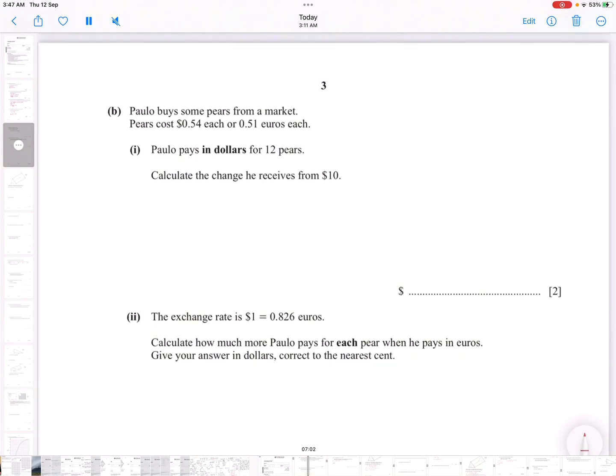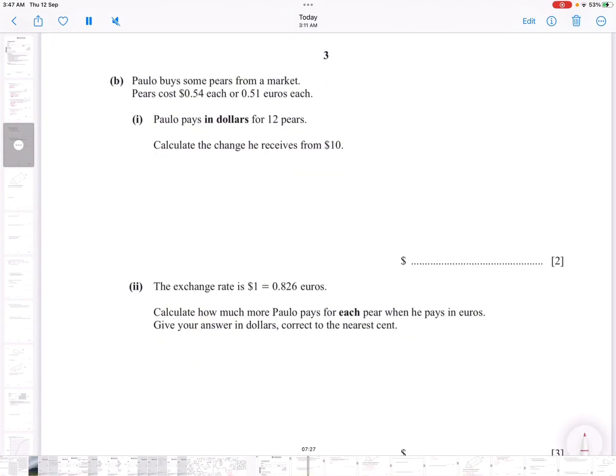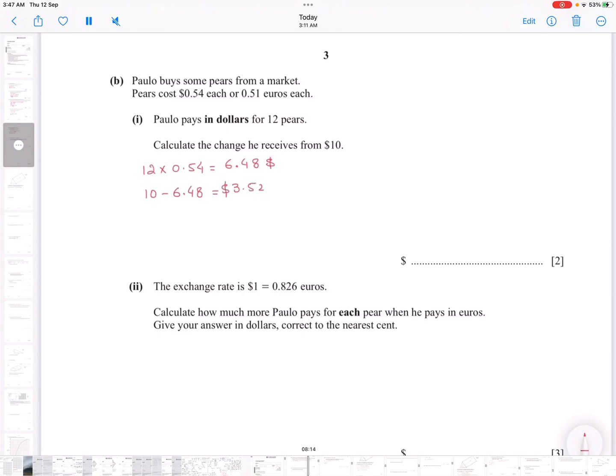Alright, this is a simple question. 12 pears multiplied by $0.54. So this is 6.48, and subtracted from 10, so you get $3.52.